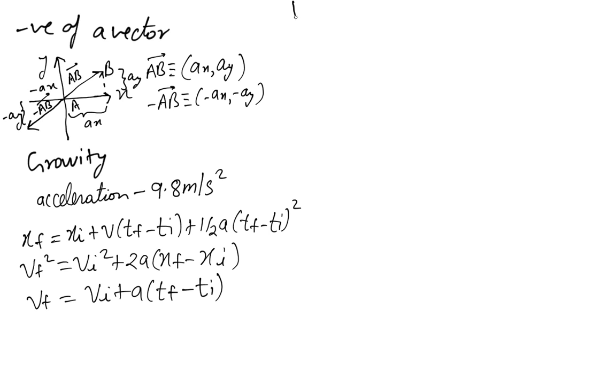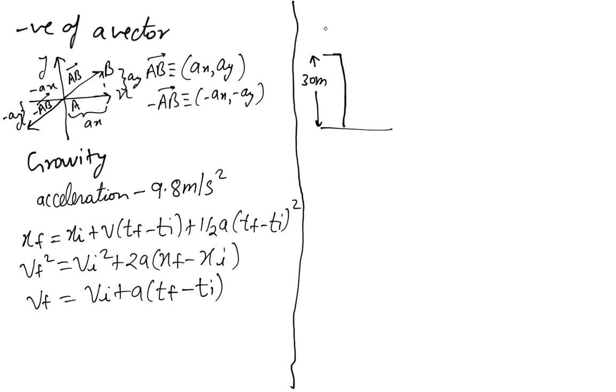Okay, let's solve a problem. Now remember, this is motion in one dimension, so we are talking about displacement in one dimension. Let's take an example. We have a tall building, and let's say this is 30 meters tall, and I'm standing on top of it, tied with a chain so that I don't fall down, and I throw a ball up with a velocity of 10 meters per second.